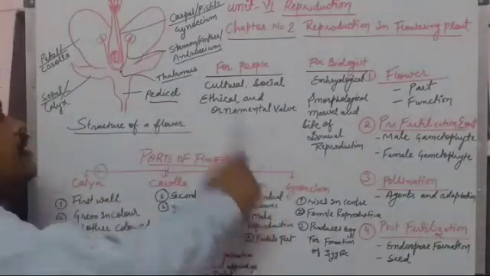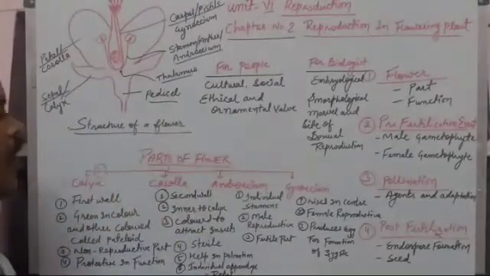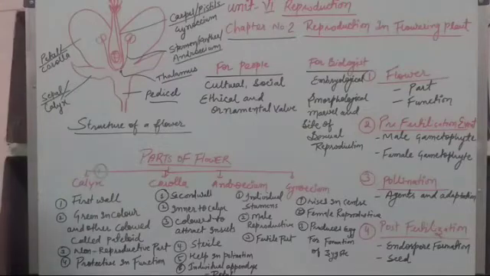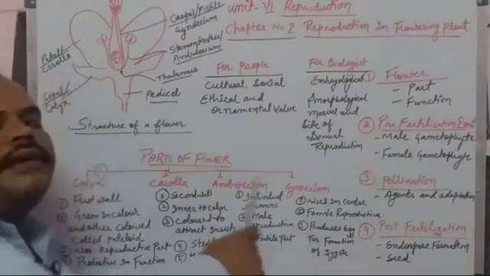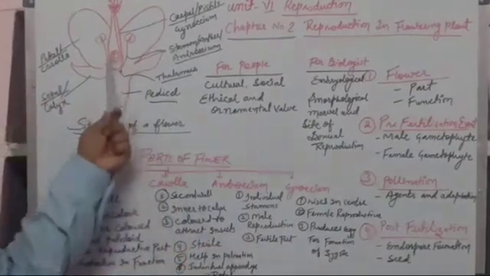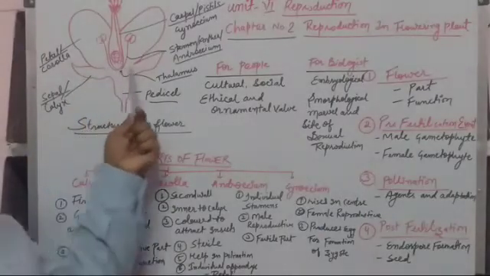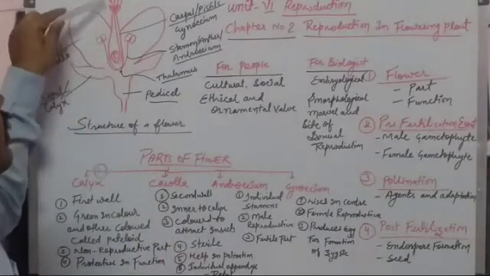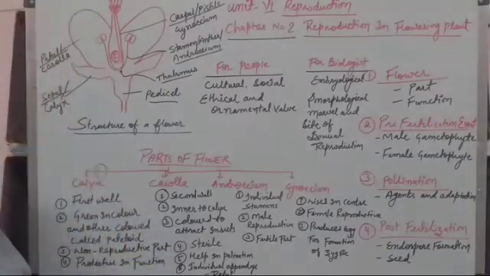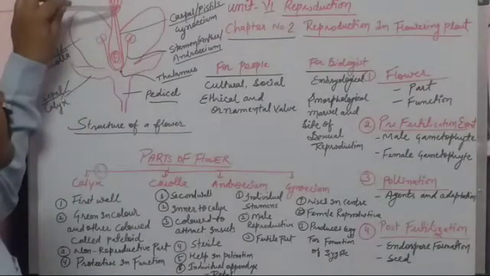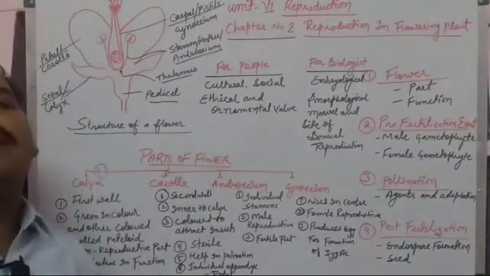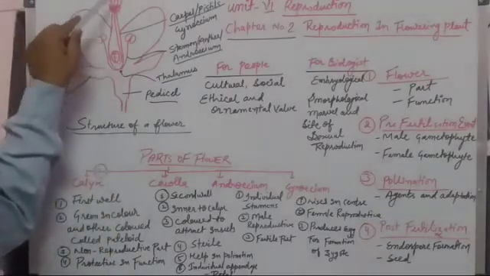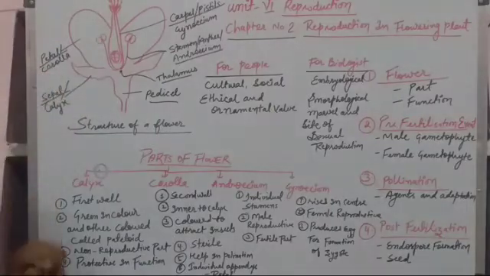Now next, the gynoecium. It is also called the carpel or pistil. It is the female reproductive part of the flower, and it produces the egg. The swollen part in the center is called the ovary, the filament-like structure is called the stigma, and the tube-like structure is called the style. So there are stigma, style and ovary.